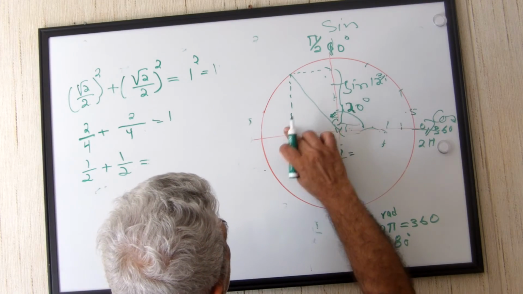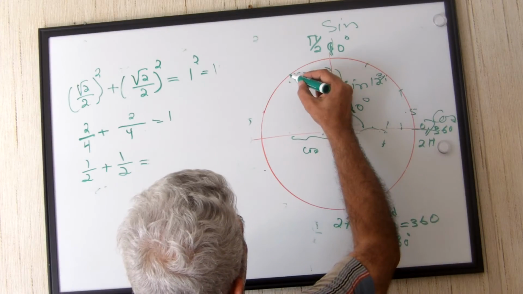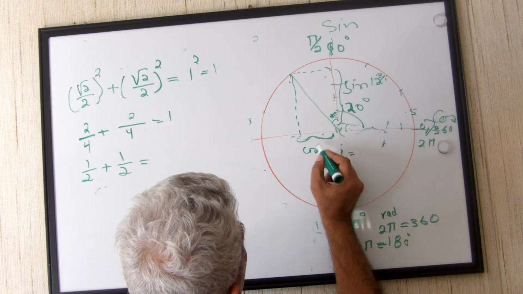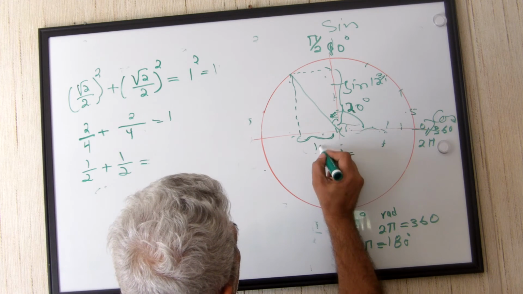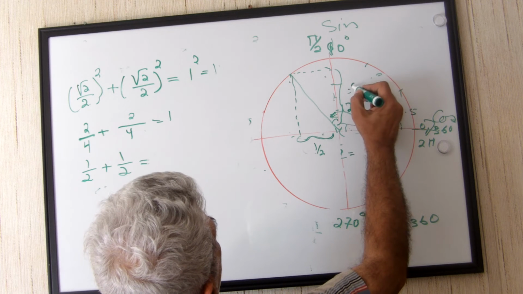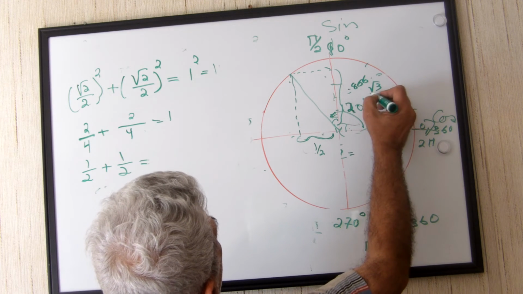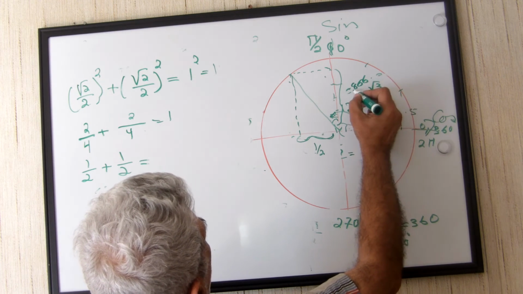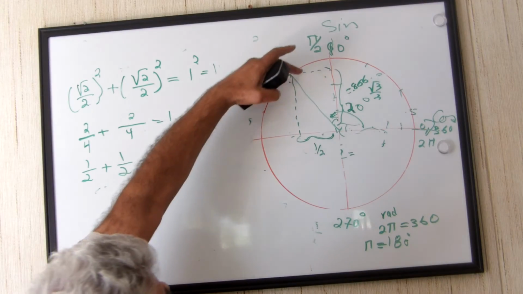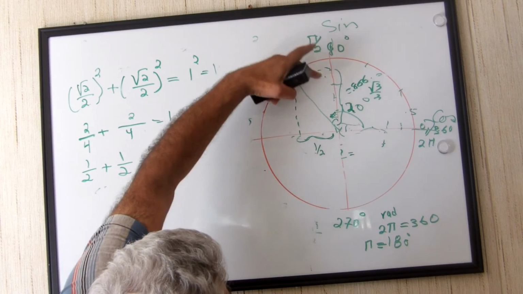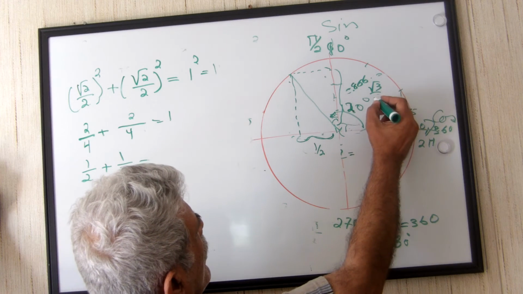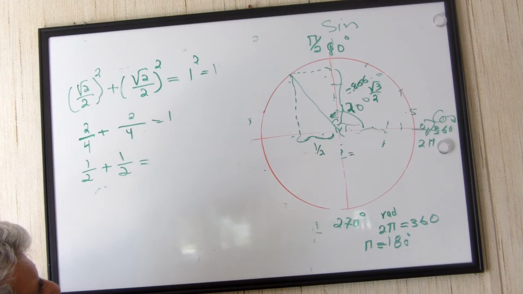You know, if you draw it to a good scale, this is going to be almost half. And this is going to be 0.866 or the square root of 3 over 2. So if somebody asks you what is the sine of 120, it's the sine here, 0.866 or the square root of 3/2.